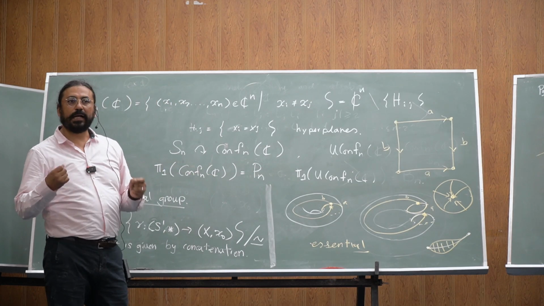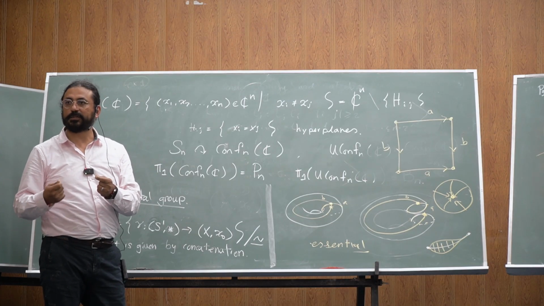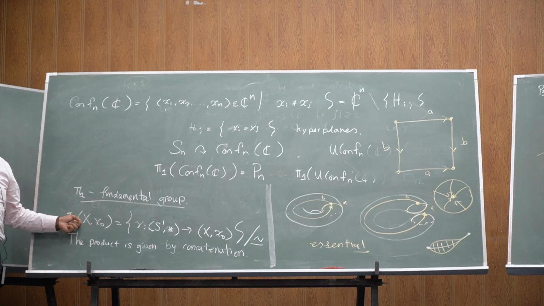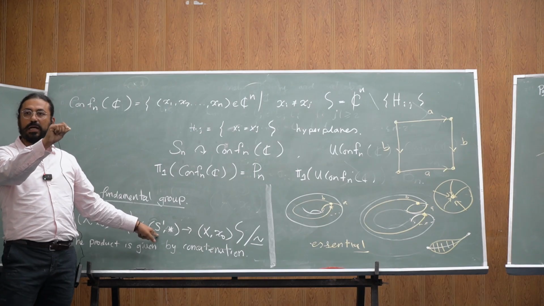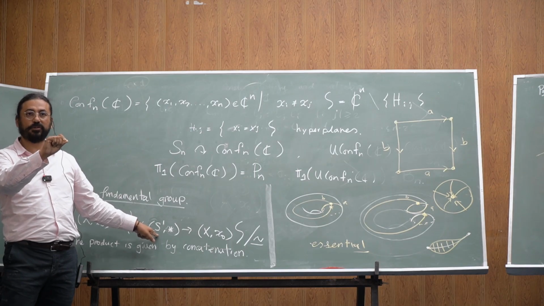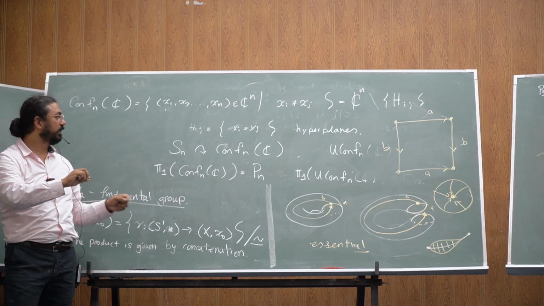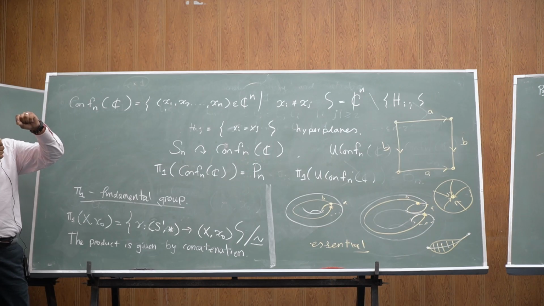And this is why simple closed curves are important, right? The fundamental group of a space encodes exactly that. It takes all the curves. You fix a marked point in your space, and then you look at all the simple closed curves.